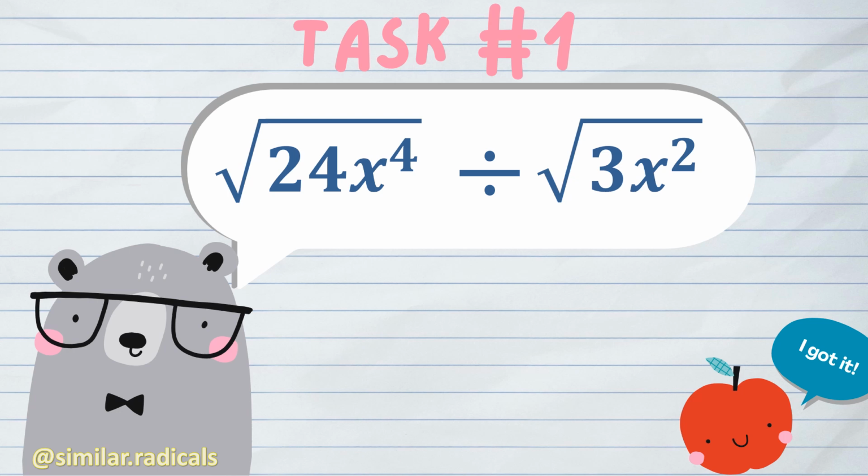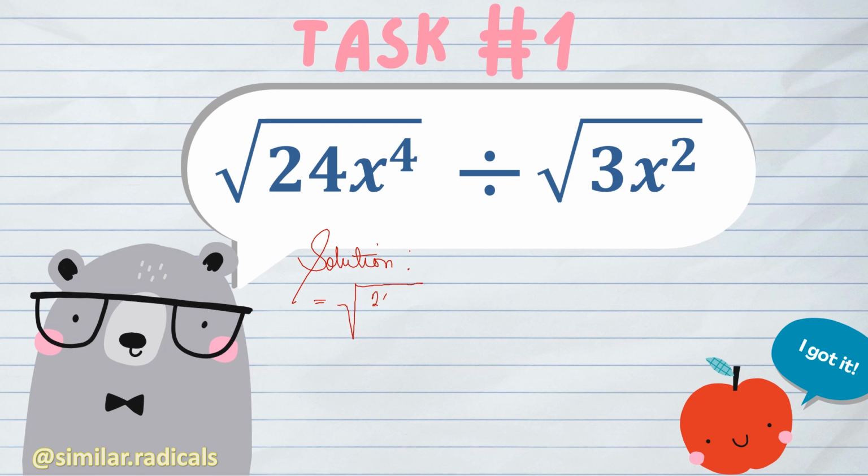So square root of 24x raised to the 4th divided by square root of 3x squared. So how are we going to solve this particular problem? Let's have our solution. Here we can write the given radicals into one radical form only.